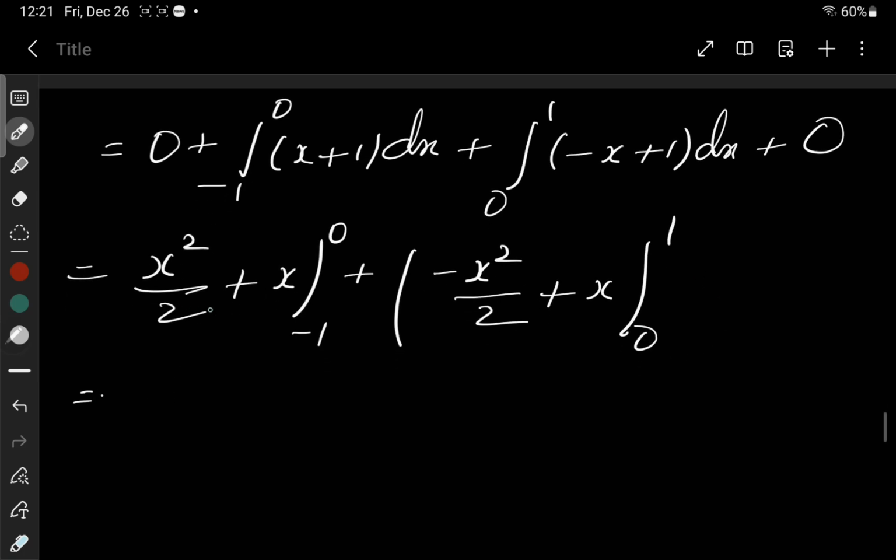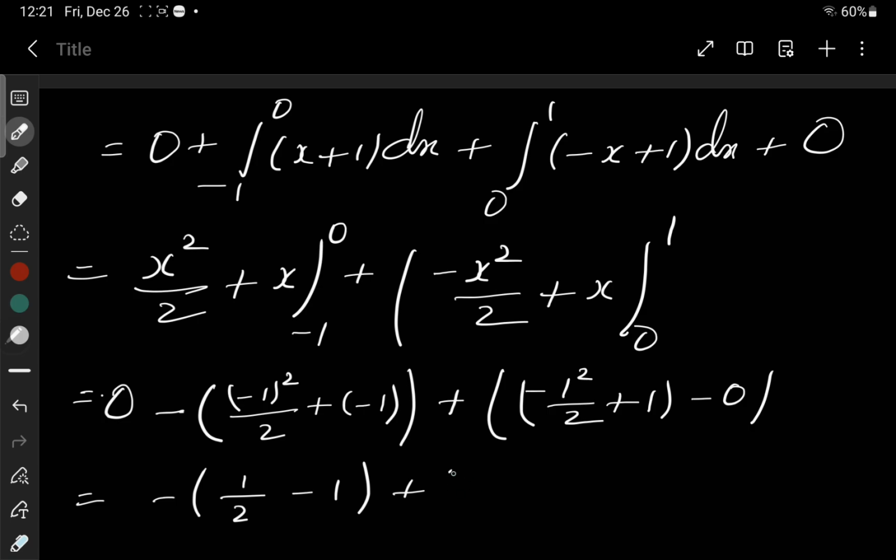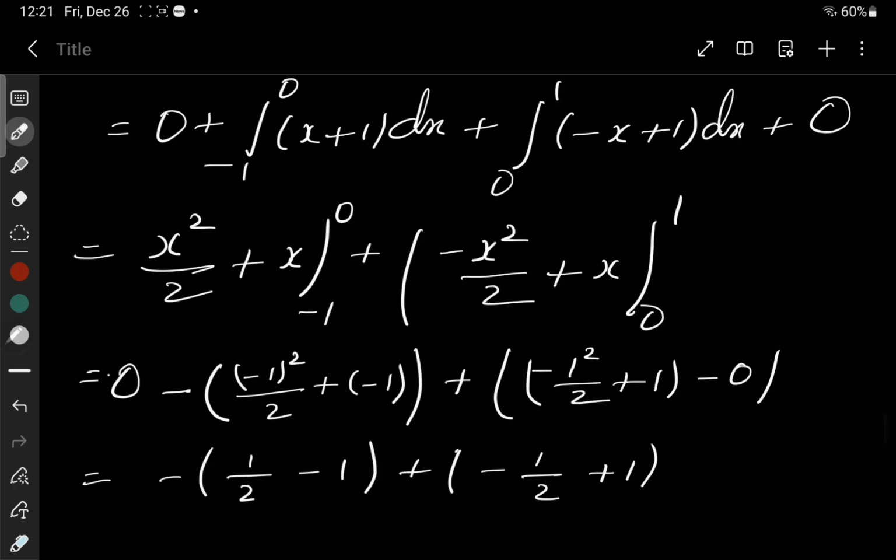Apply the upper limit, you will get 0, minus, apply the lower limit, minus 1 squared by 2 minus 1, plus minus 1 squared by 2 plus 1, lower limit is 0. So you are getting the answer: 1 squared, minus of 1 squared is 1 by 2 minus 1, plus minus 1 by 2 plus 1.